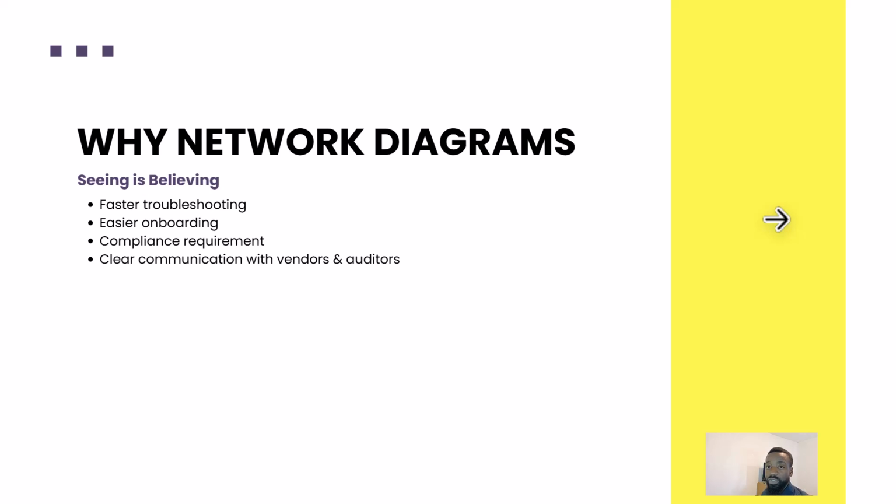If you're onboarding junior tech, just like we've discussed before, using your network diagram you can show them the scope of their responsibility, right? And then we have compliance requirements. We've discussed this as well. And then we have clear communication with vendors and auditors, right? So these are very important. These are just a few examples of why network diagrams are important. There's so much more. So let's go over to our next slide.